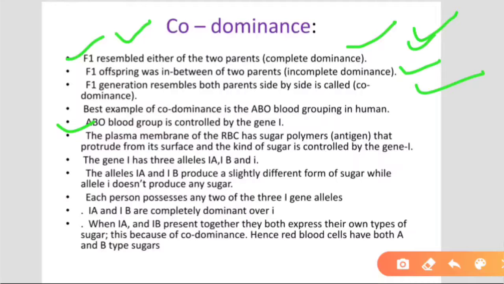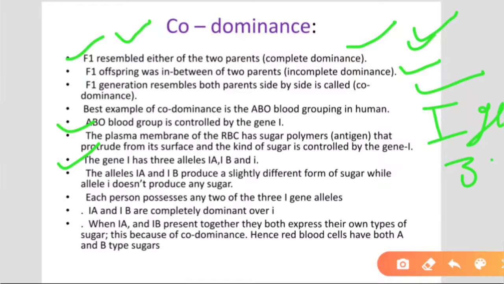ABO blood group is controlled by the gene capital I, and this capital I gene has three alleles. The plasma membrane of RBC has a sugar polymer antigen that protrudes from its surface, and the kind of sugar is controlled by the capital I gene.